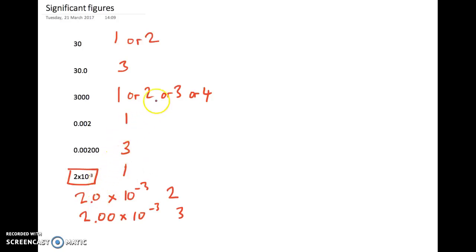Okay, let's go back to this example here, where we're not sure how many significant figures we have. If this was written in standard form, if it was one significant figure, we would write 3 times 10 to the 3. If it was two significant figures, we would write 3.0 times 10 to the 3.